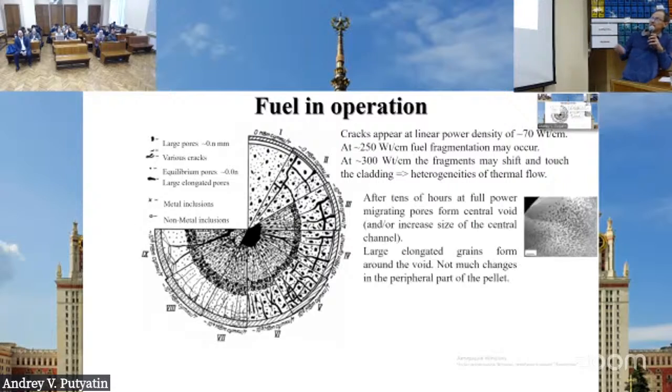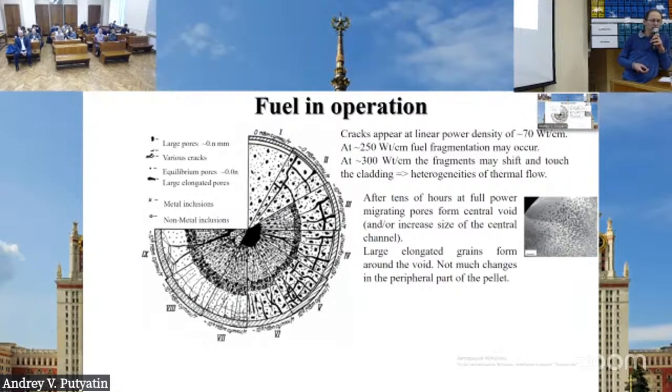After several tens of hours at full power, the pores, which form due to release of fission products and agglomeration of vacancies, start to form a central hole, a central cavity, a void.